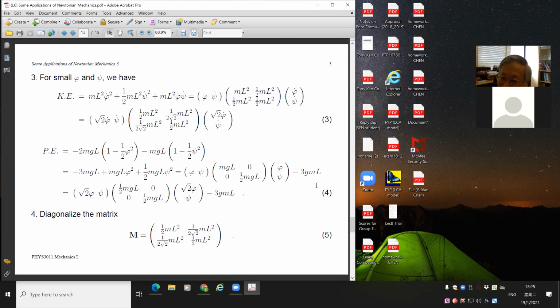Why is the diagonal matrix not affected by the transformation? Because we have chosen the suitable column vector or suitable variable, so that the potential energy will not be affected by the transformation. You have to work it out by yourself, and you will see. It's hard to explain it here.